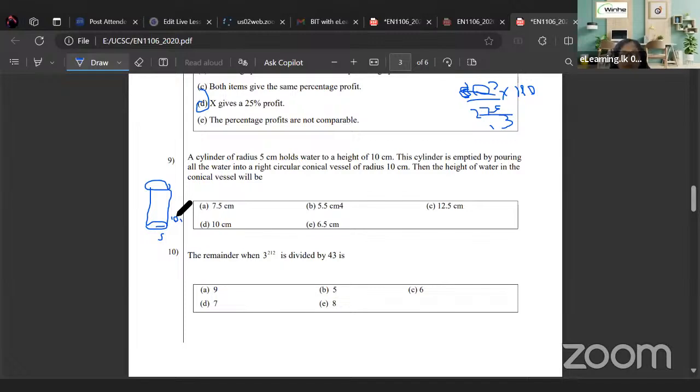So here, what you have to do is, first find the volume of the cylinder. How do you find the volume of a cylinder? Pi r squared h, right?